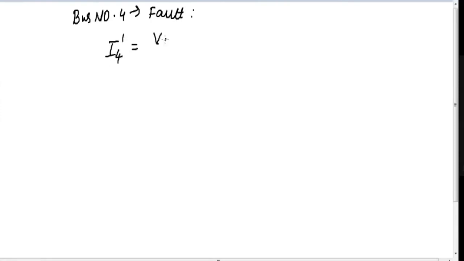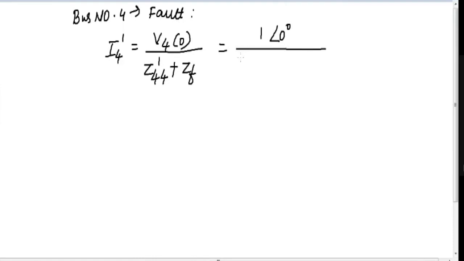I41 will be equal to V4(0) upon Z441 plus ZF. Now this is the pre-fault voltage VK0, so we always take it as 1 at an angle 0. Z441 is the Z44 value, which is already given to us in the ZBus.